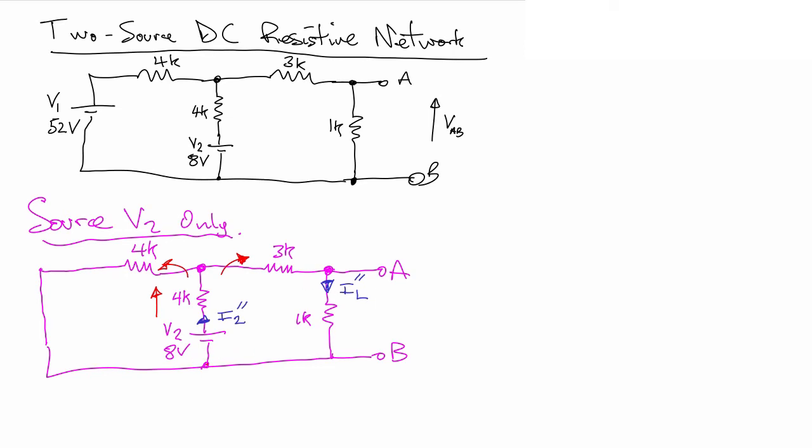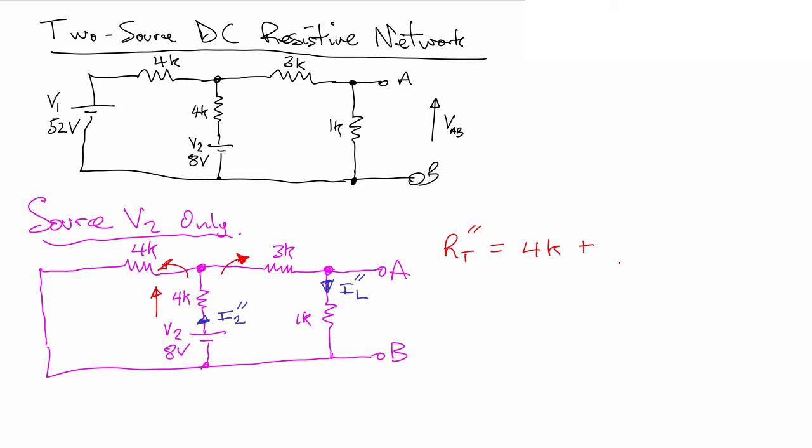Okay, so in essence, what we've got is RT, the total resistance seen by the second battery, so let's call it RT double dash, is equal to 4K, that's the one connected to the positive terminal of the battery, plus a parallel combination of a couple of 4Ks.